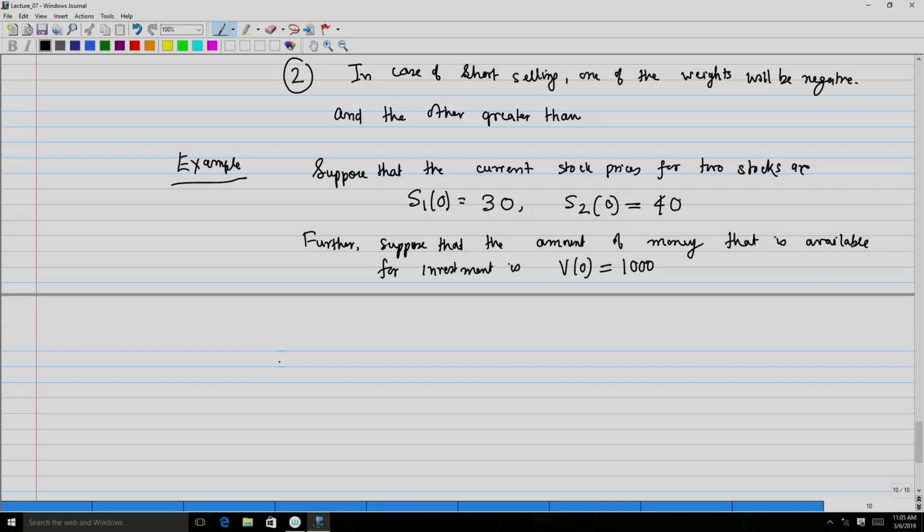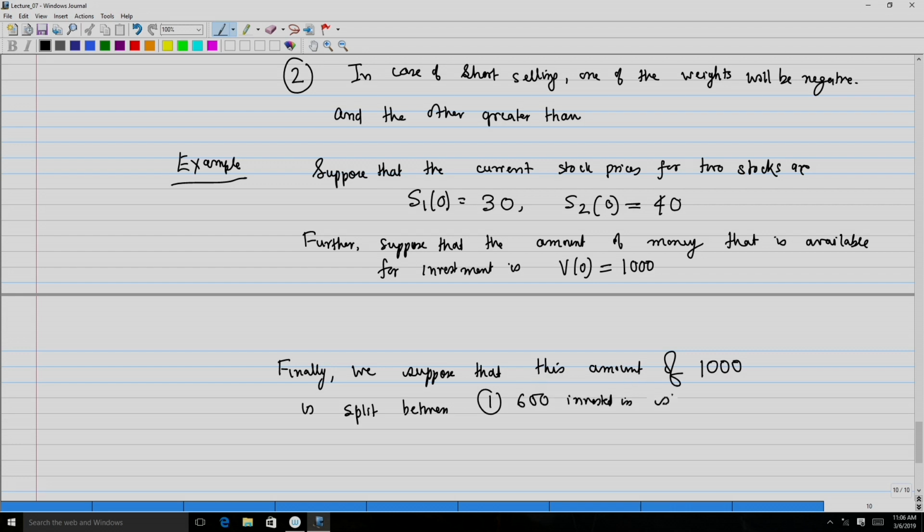Then finally, we suppose that this amount of 1000, which is your initial investment, is split between 600 invested in stock 1 and the remaining 400 invested in stock 2.